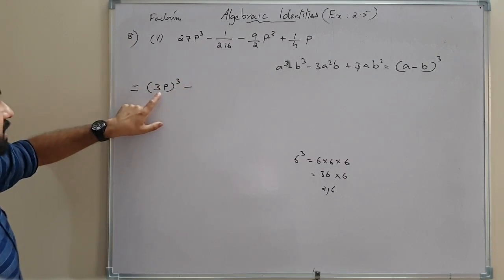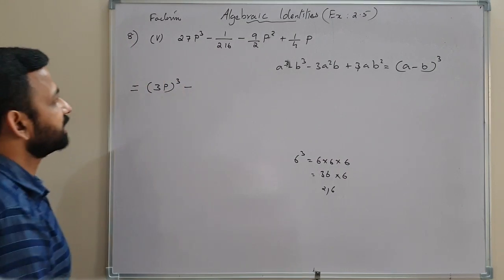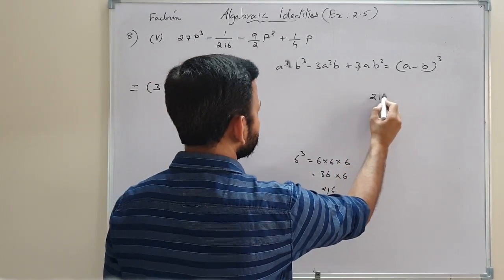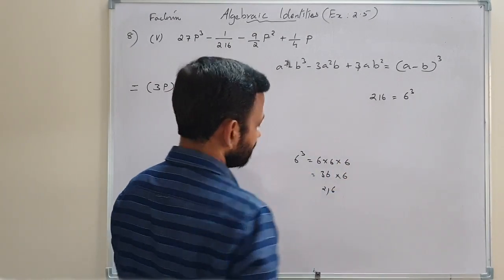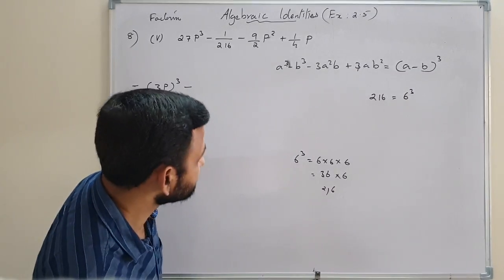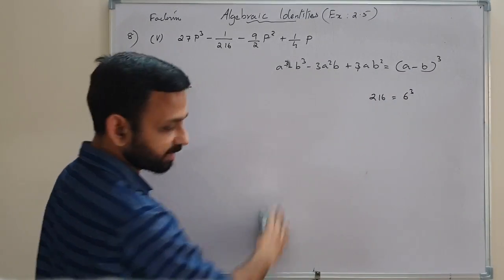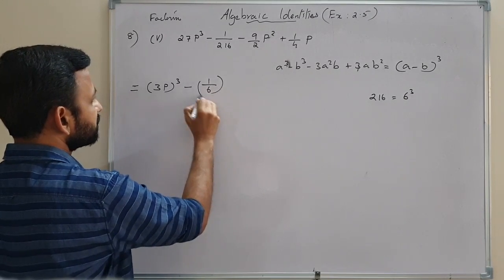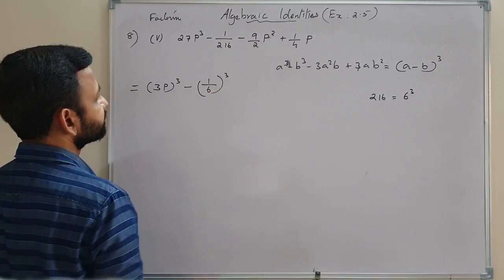27p cube we can write as 3p whole cube minus 216. 216 is equal to 6 cube, so in the place of 216 we will write 1 upon 6 raised to the power 3.